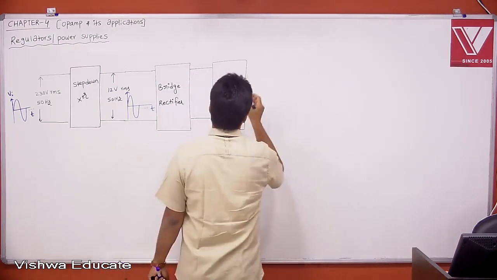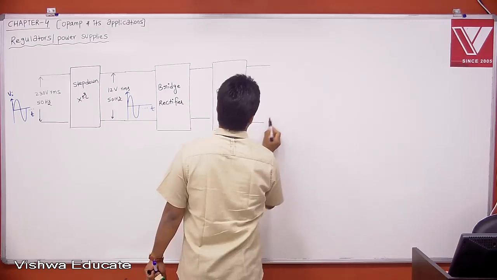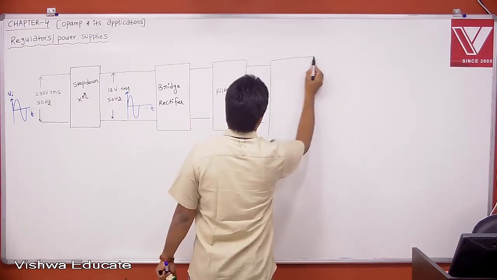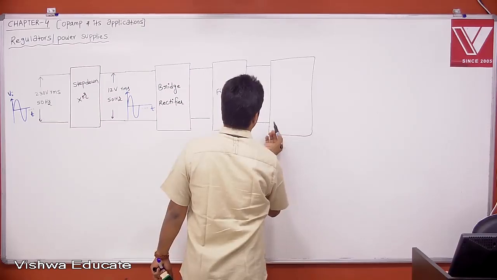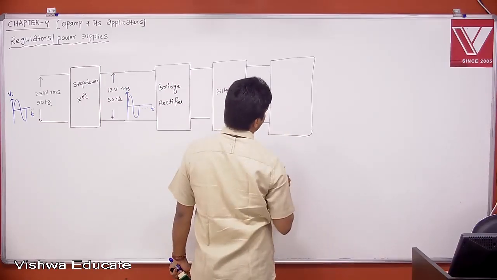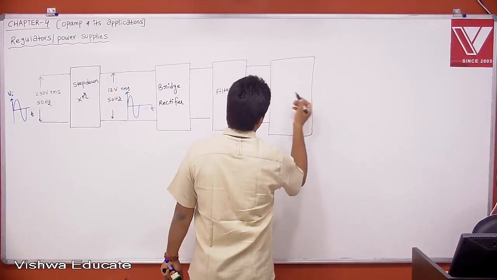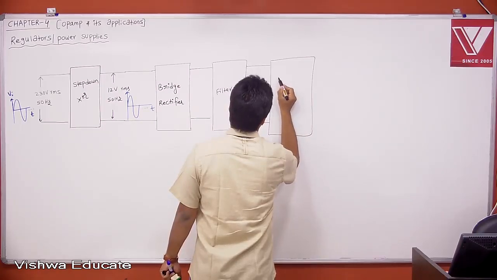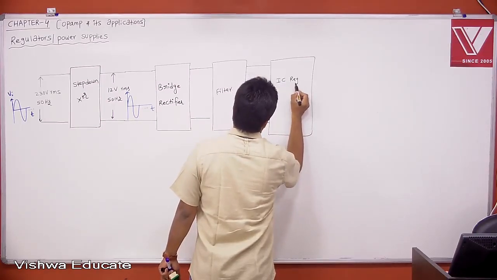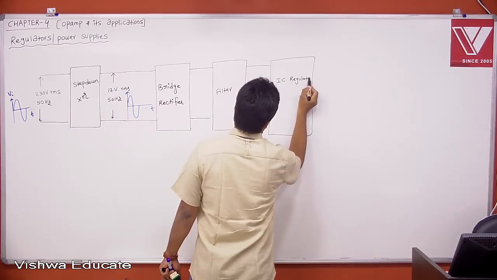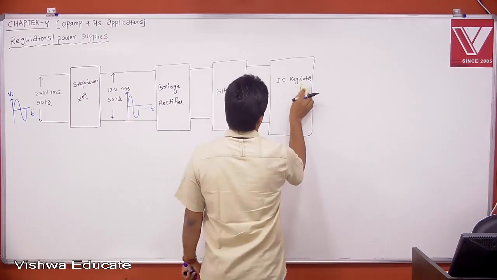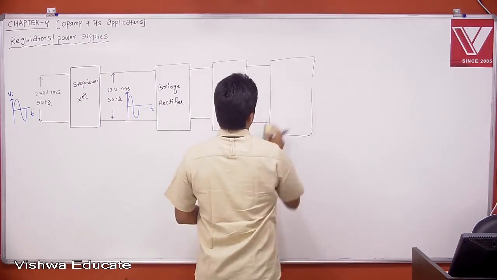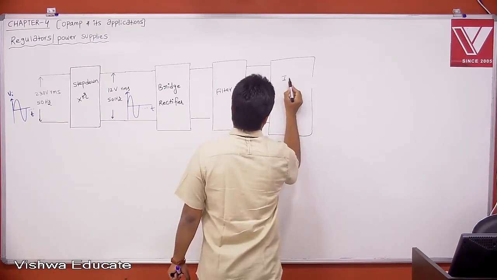Now the filter output goes to what people call the regulator circuit, or I can say the final regulator, one more regulator. This is the IC regulator.